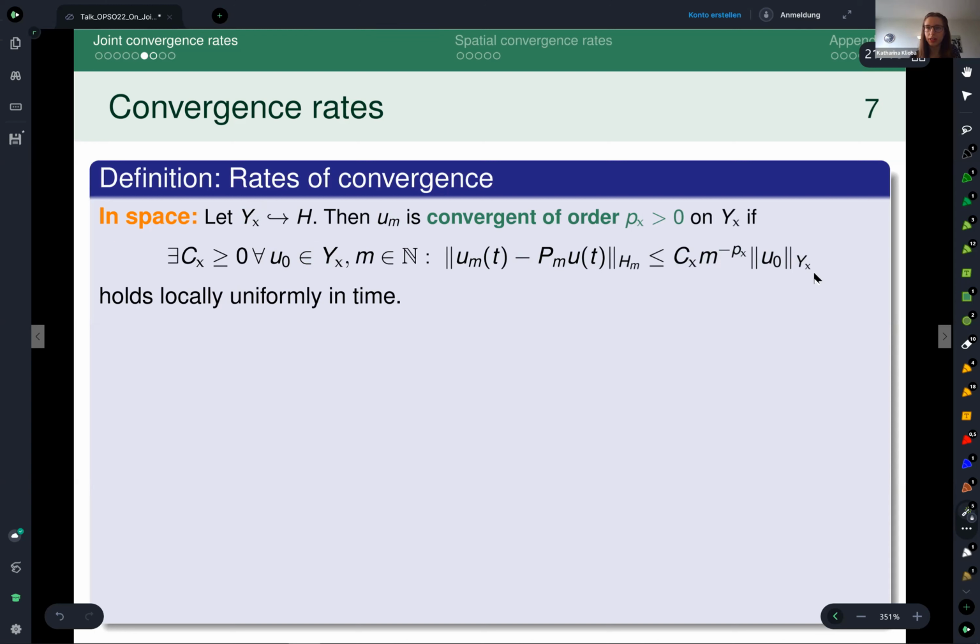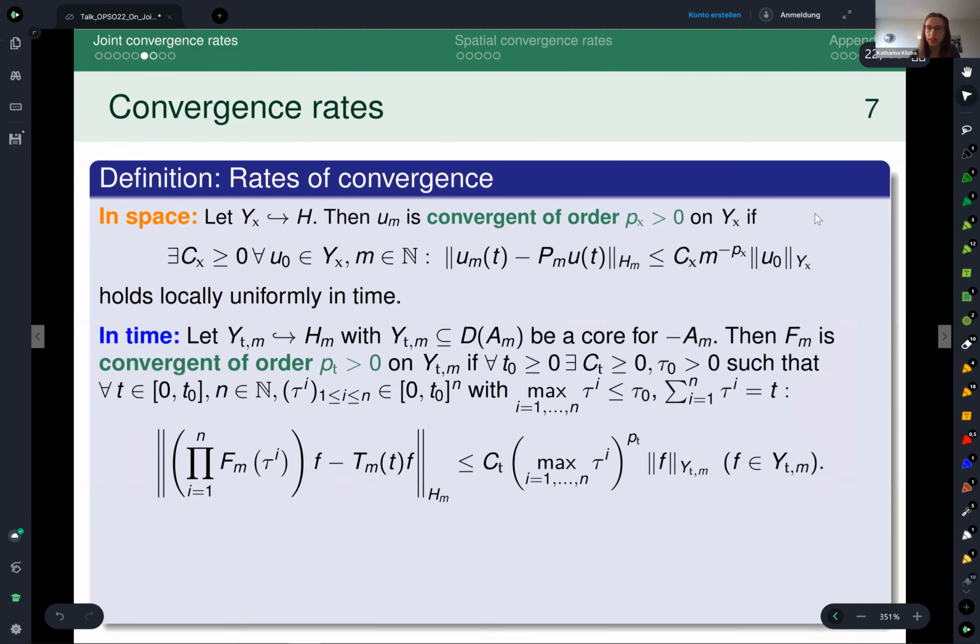And this should hold locally uniformly in time. A similar principle holds in time, where we just have m replaced by the maximal time step and assume the maximal time step to be uniformly bounded, which doesn't pose a problem because we only want to look at a finite time interval anyways.